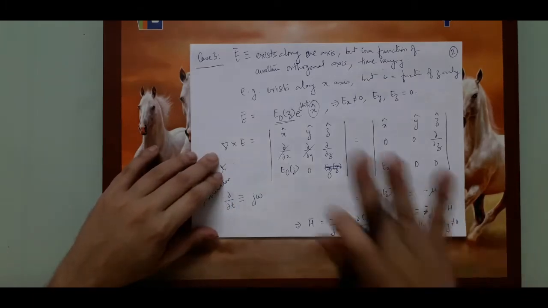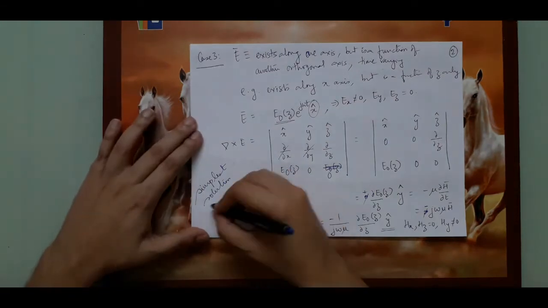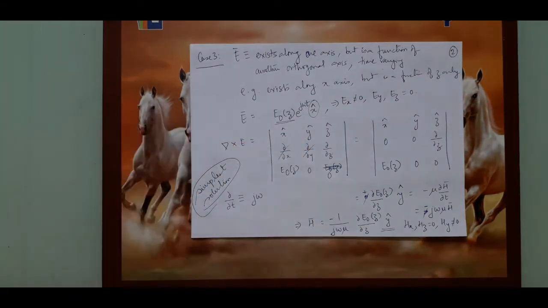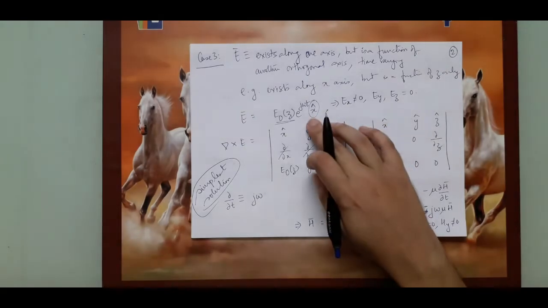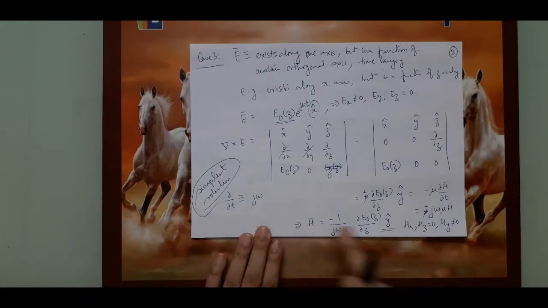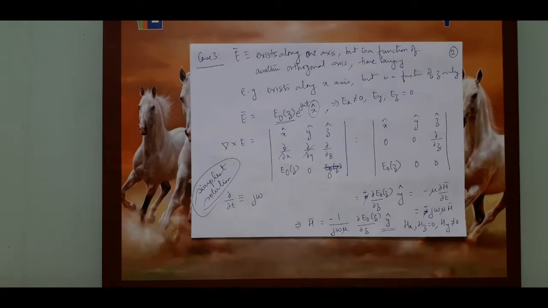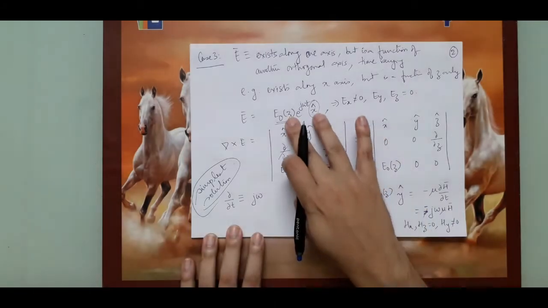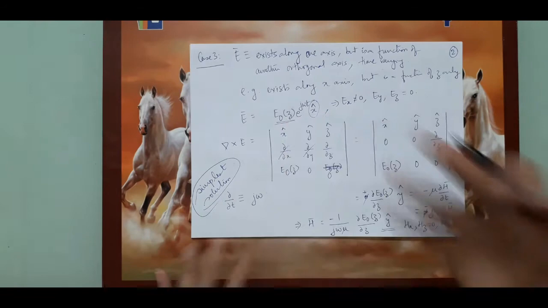So just to repeat, we found the simplest possible solution where the electric field exists on one axis, is a function of another axis, and the magnetic field is a function of the third axis. So in general, we can generalize it for any axis.